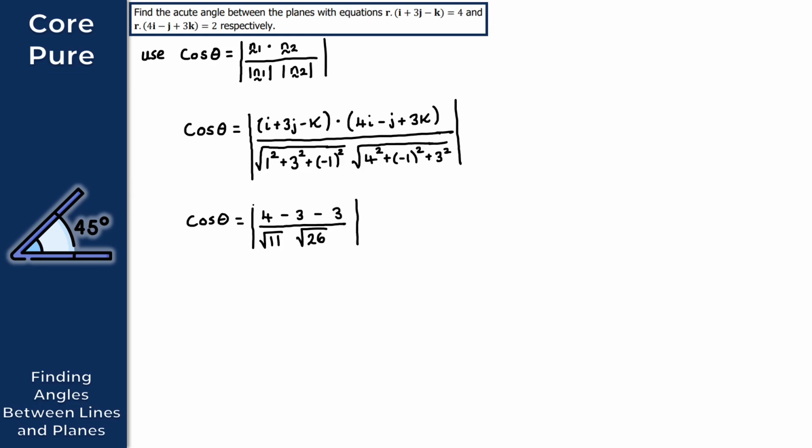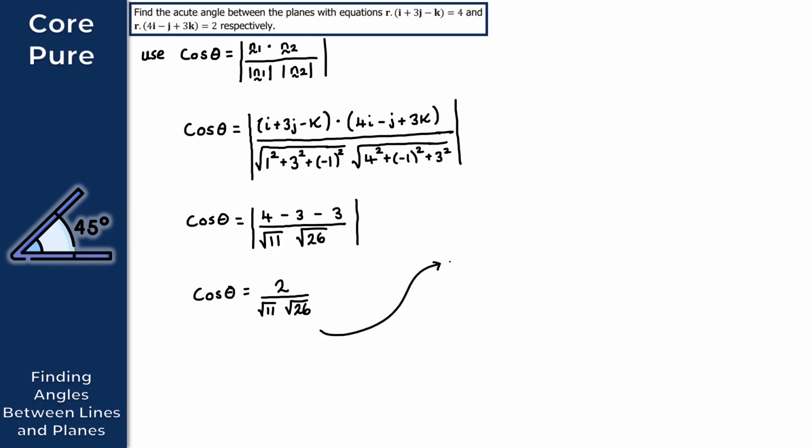And we do need to use the modulus here, because if you notice, my numerator would actually be negative, I get minus 2 there. So what we get for cos theta is 2 all over the square root of 11 times the square root of 26.